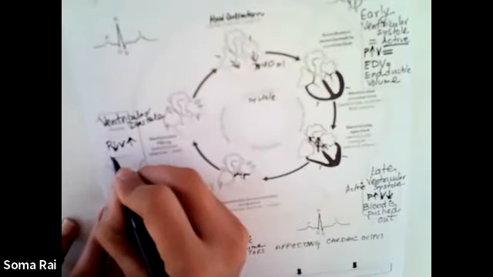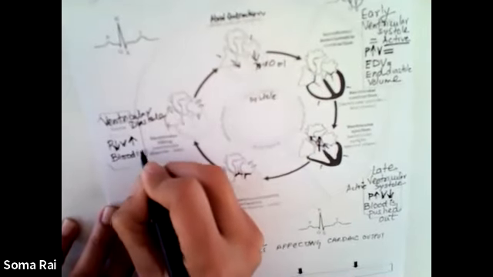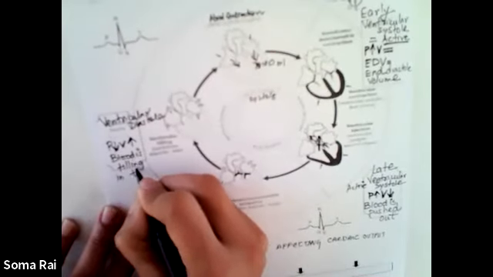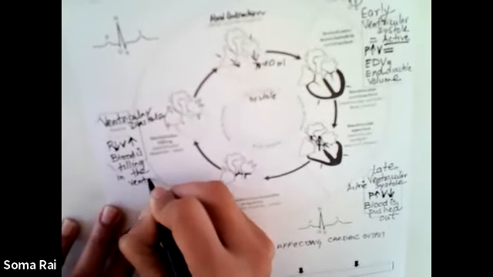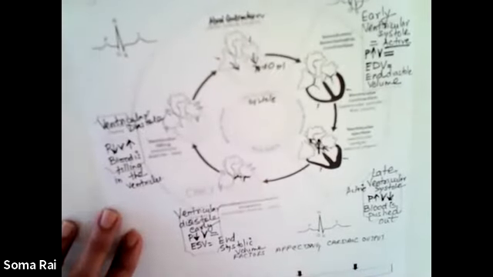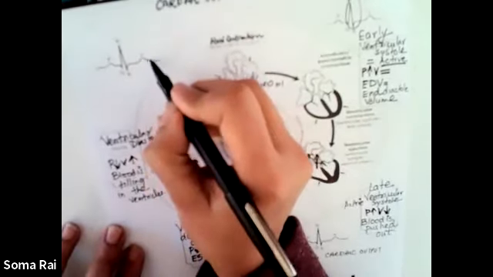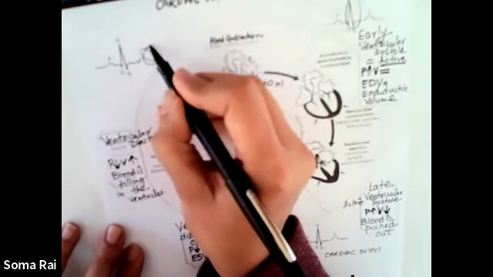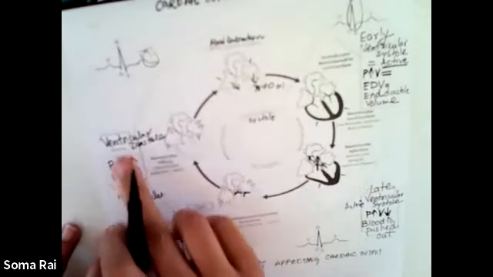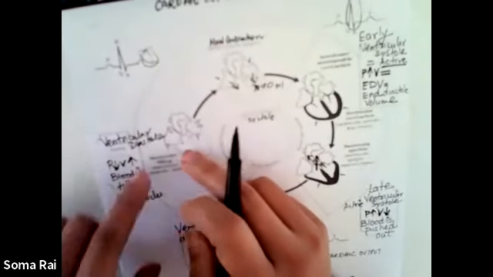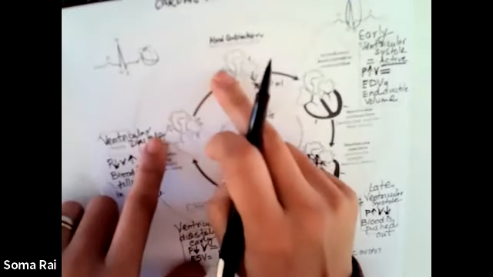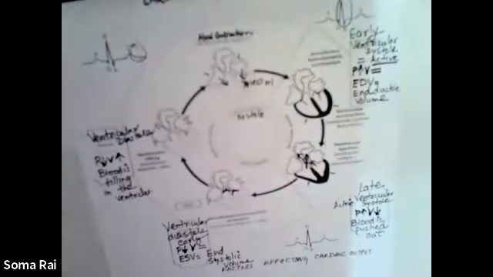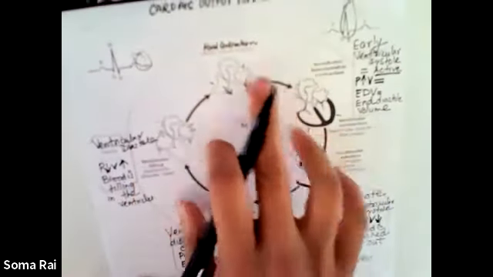Blood is filling in the ventricles. Now we are looking at almost the end. We are going past the T wave, it's right here. The blood is flowing and getting ready for the next cardiac cycle. So this was one cardiac cycle output.